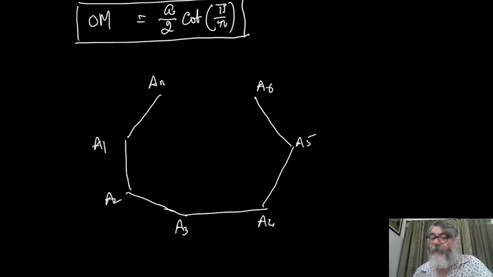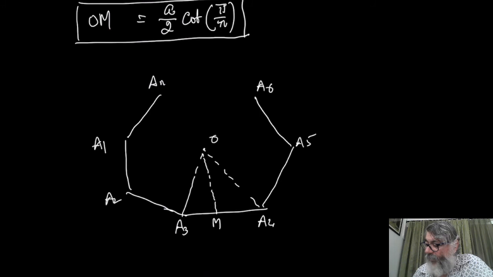I'm not joining all the vertices so that I can show you the number of sides. O is again the center. From O we join A3 here and A4 here, and I've dropped the perpendicular OM here. The angle remains the same, alpha by 2. This is a by 2. Because it is a regular polygon, the sides will remain the same.